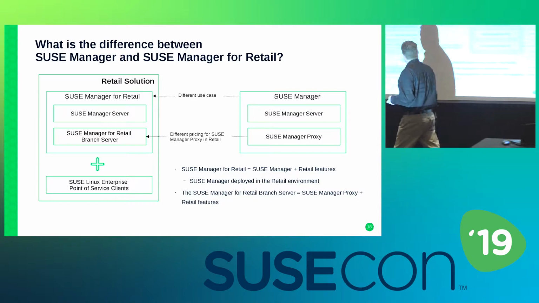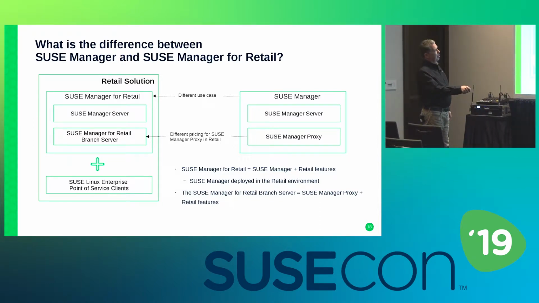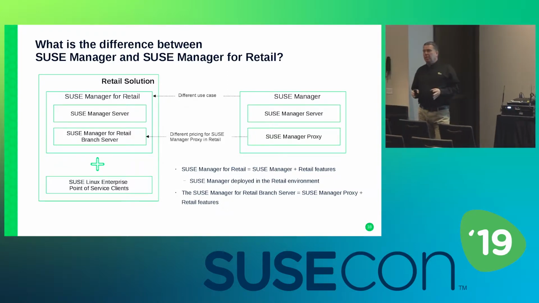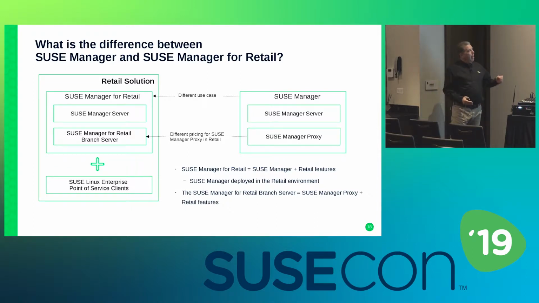As you can see, we have the standard SUSE Manager over here, and we have the SUSE Manager proxy underneath. Actually, the biggest difference between them is the use case. From a software perspective, there's hardly any difference. It's basically the use case, and because of the use case, there is a significant price difference when you get into saying we're going to use a retail branch server together with the clients.